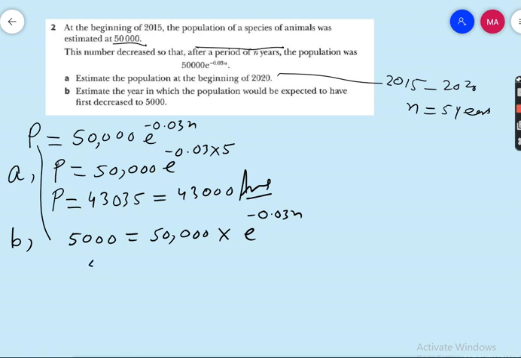So first we divide 50,000 by 5,000, which is equal to e power minus 0.03n.